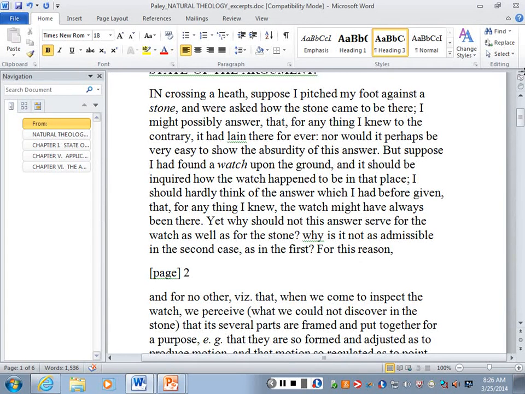And the interesting thing about Paley's Natural Theology is he's got a lot of these ink drawings of the parts of human anatomy and even of animals and plants, so it looks more like a book on science, on biology or botany than a theological book.